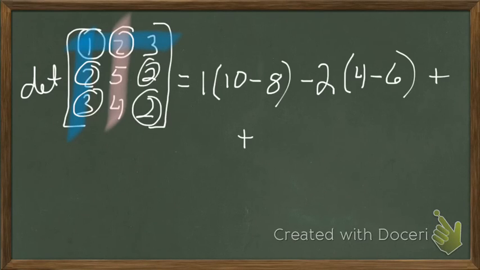And this time I'm looking at that third element up here. And what I'm going to do is cross out again that first row, and this time the third column.